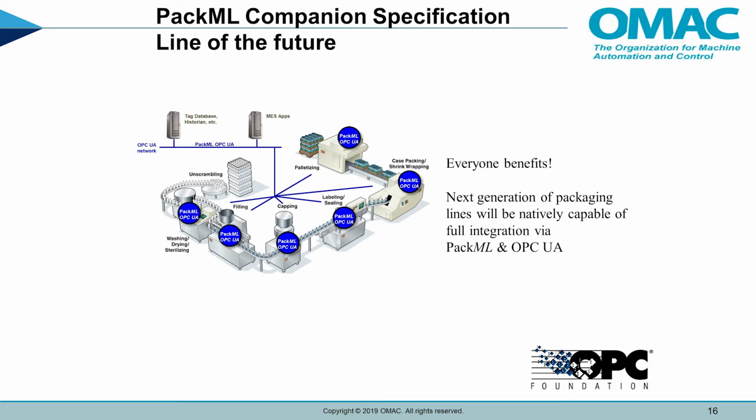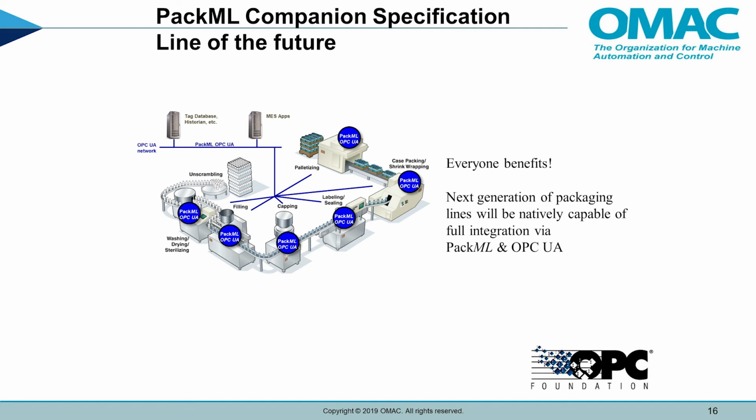Yeah, PackML, line of the future, like OMAC PackML thinks it would be: you have an OPC UA network with PackML OPC UA on this network, and every PackML machine has this interface, so everybody benefits from that.